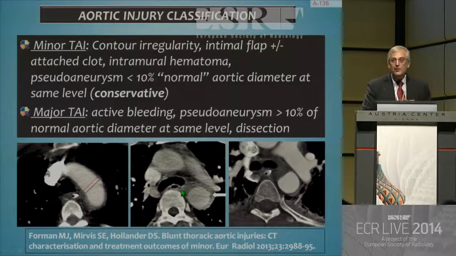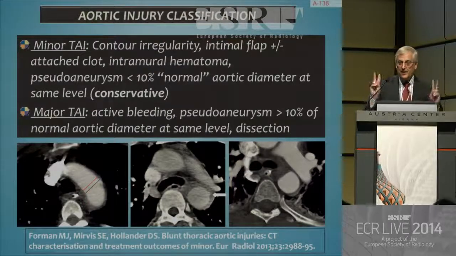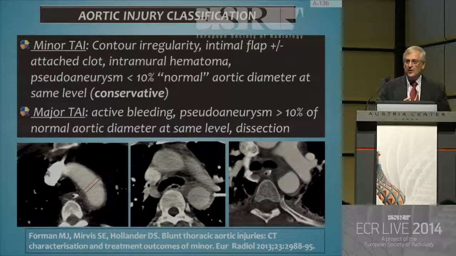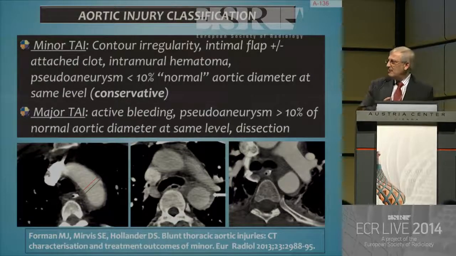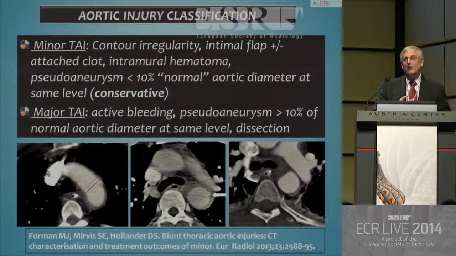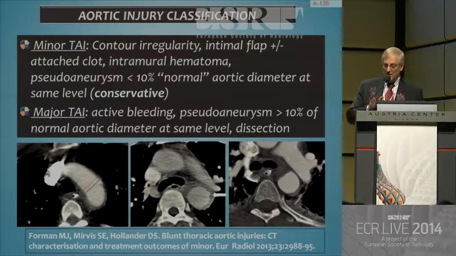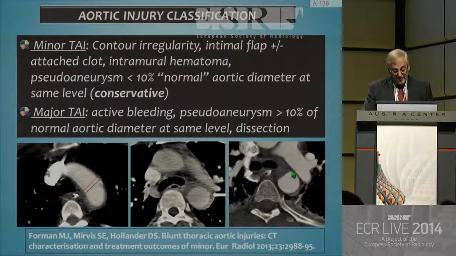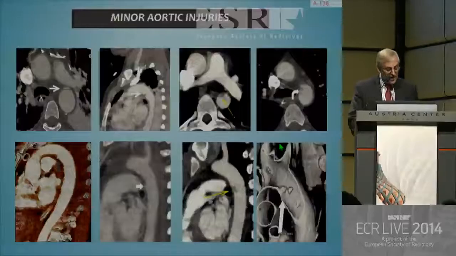Other people have used up to a centimeter in the size of a pseudoaneurysm as being minor. Well, if you have a 25 millimeter aorta and you have a 10 millimeter pseudoaneurysm, you've got a problem. That's a big pseudoaneurysm. So I'm just saying there are other points of view. In any event, this is hemorrhage in the wall, and there's another minor injury.